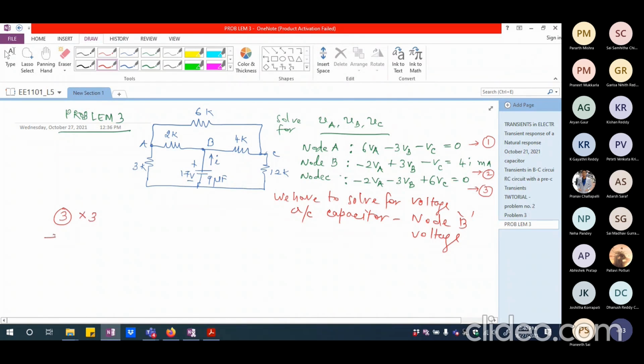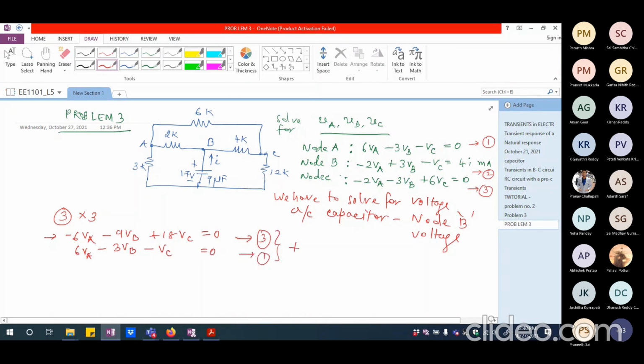That is going to be minus 6 VA minus 9 VB, and 6 multiplied by 3, which is 18 VC equal to 0. This is going to be equation number 3. And equation number 1 is 6 VA minus 3 VB minus VC equal to 0.